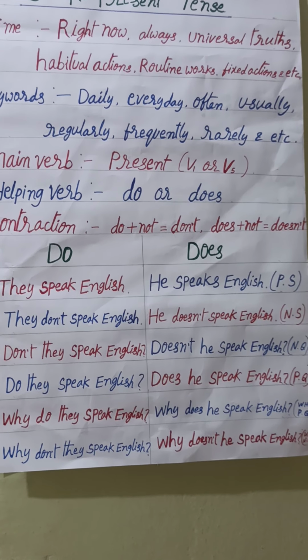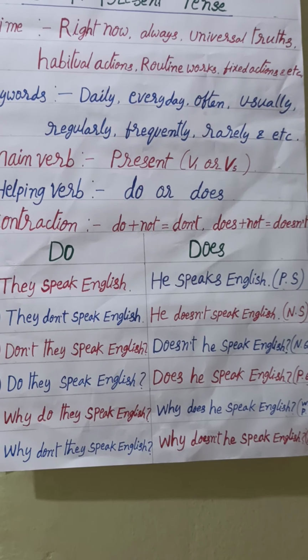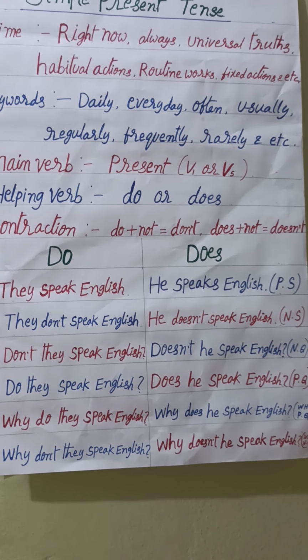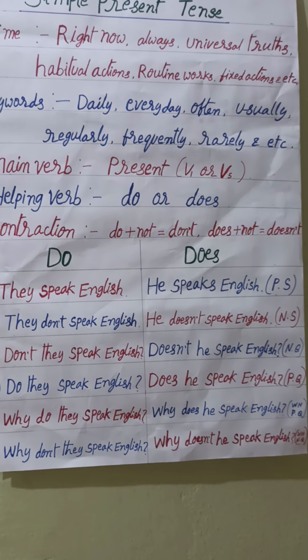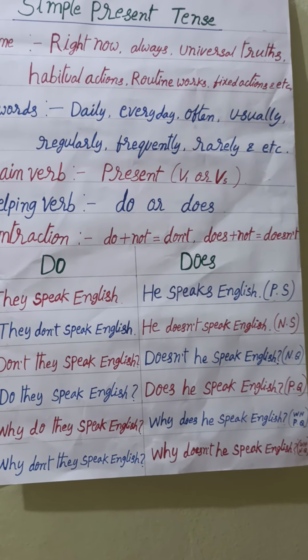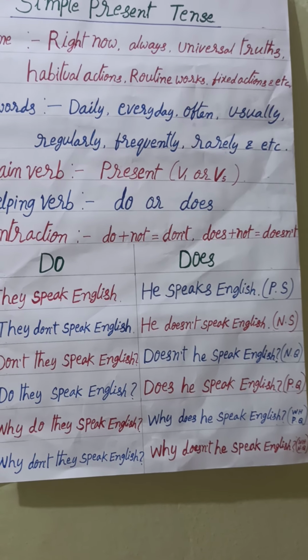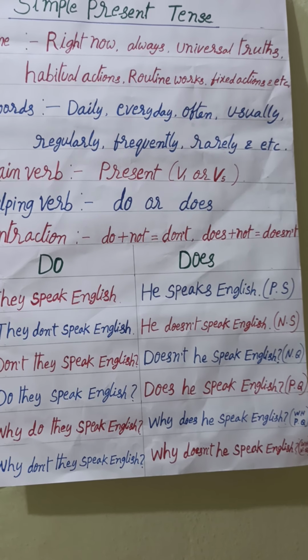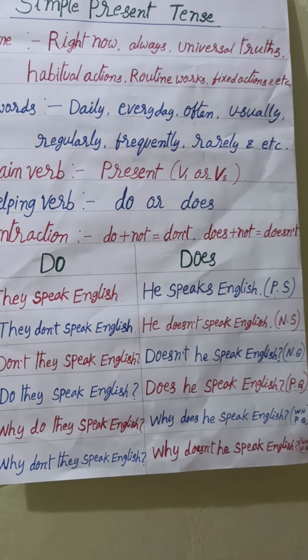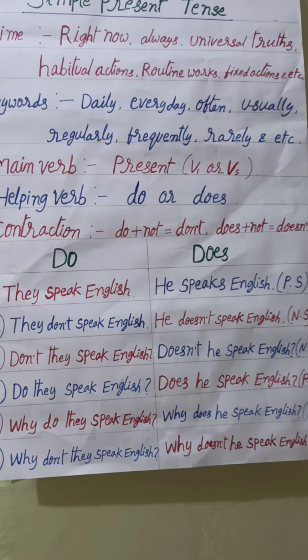We add S or ES to main verbs for third person singular. He is third person singular, so we add S to speak. That is speaks. He speaks English.